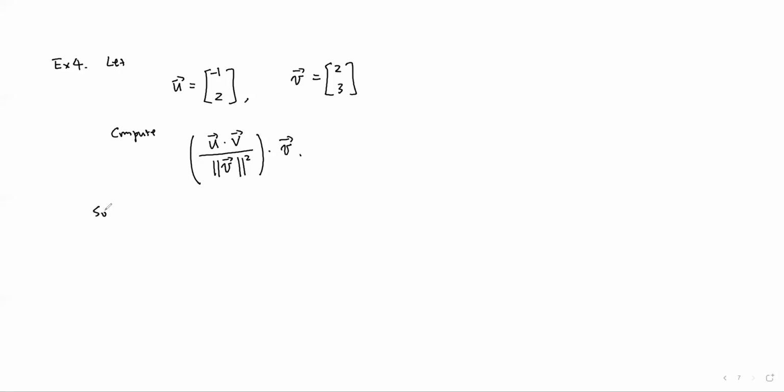Okay, now solution. Let me compute u dot v, inner product. By formula, first entry times first entry plus second entry times second entry. So it is 4, number 4.